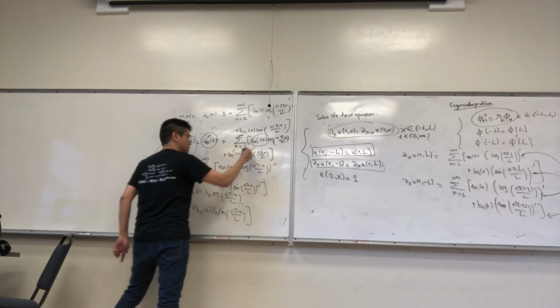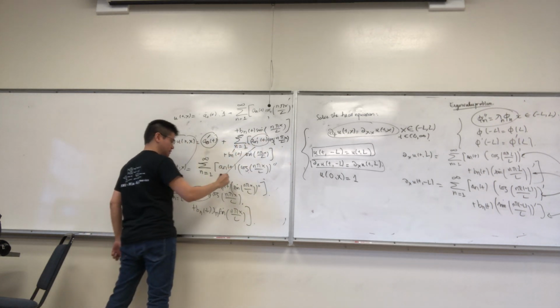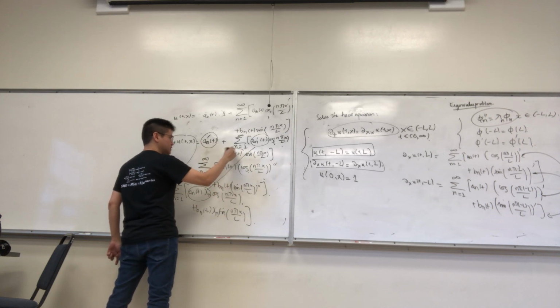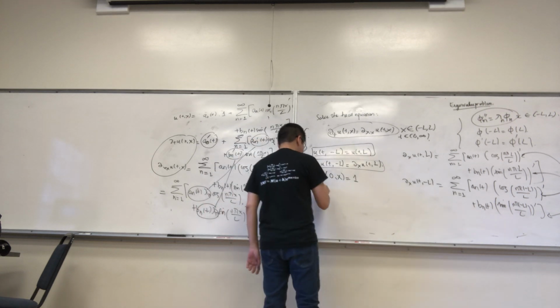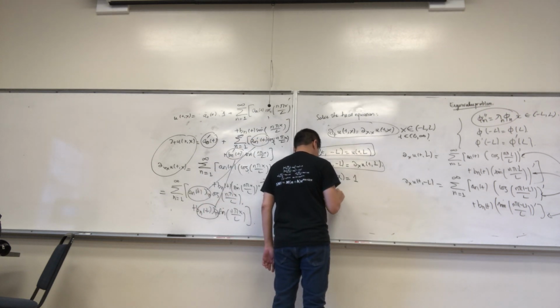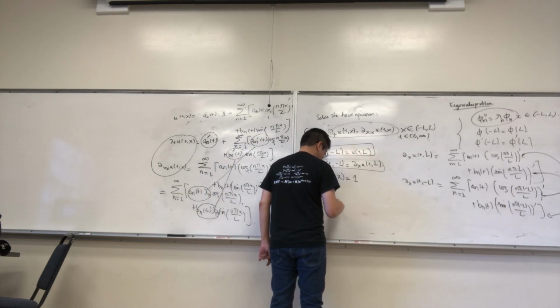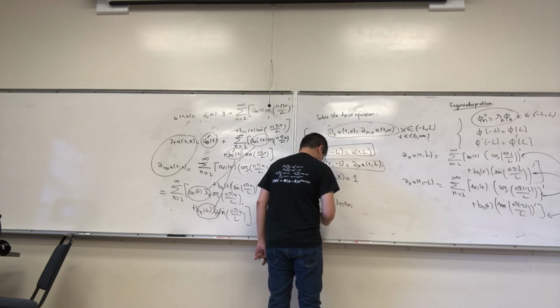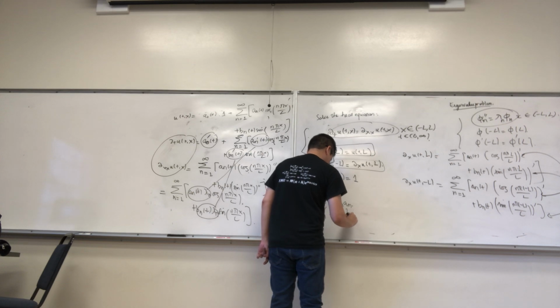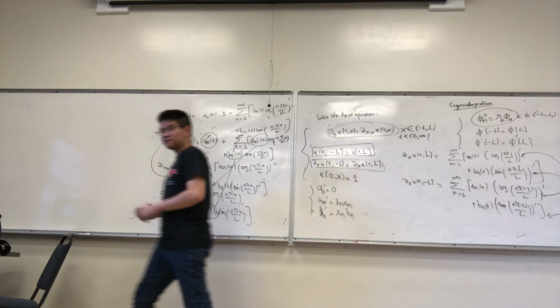This guy is equal to lambda n an. This guy is equal to lambda n bn. So you have a0 prime is 0, an prime is lambda n an, bn prime is lambda n bn.